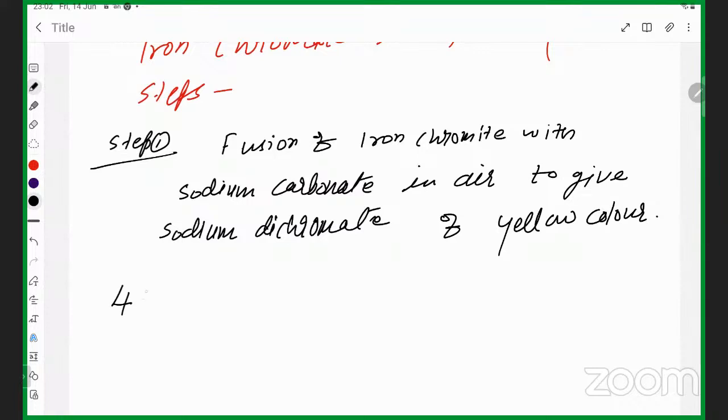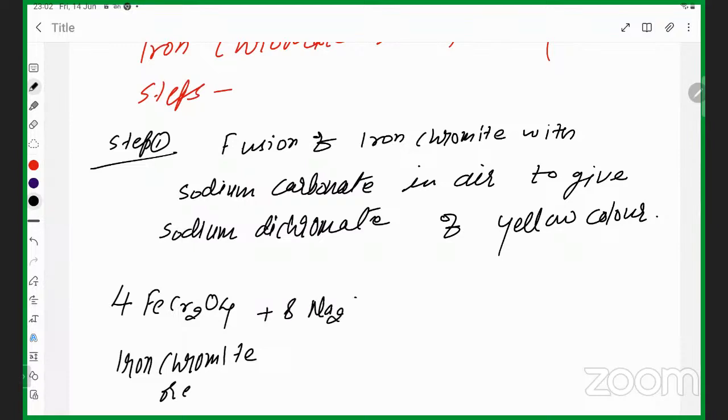Now see, 4 molecules of FeCr2O4, this is what is called iron chromite. Now you are adding 8 molecules of Na2CO3, sodium carbonate, and 7 molecules of oxygen.